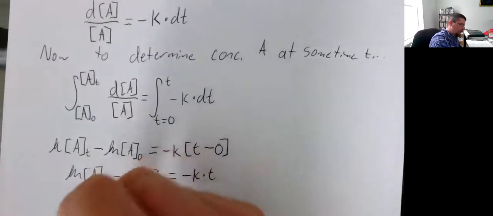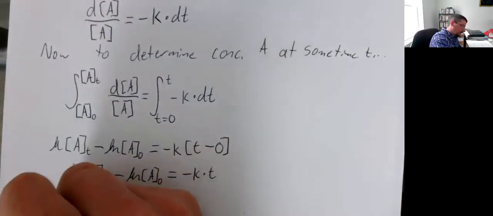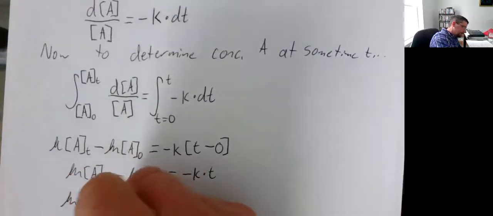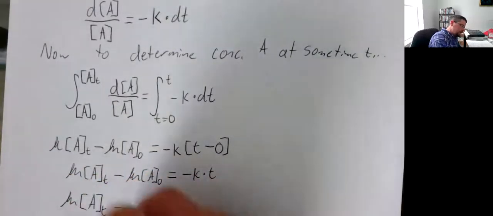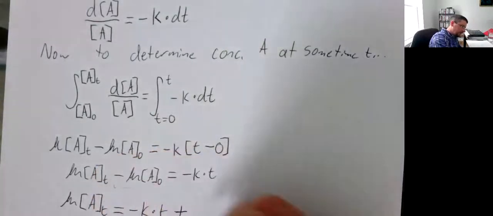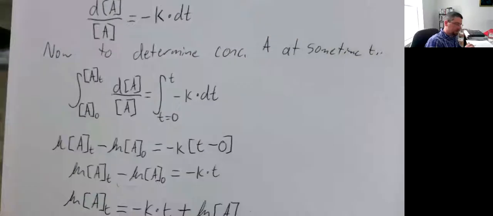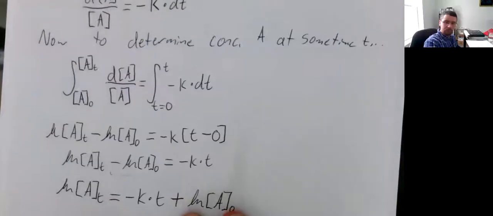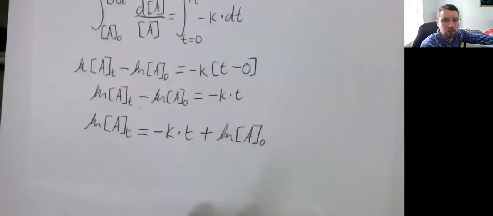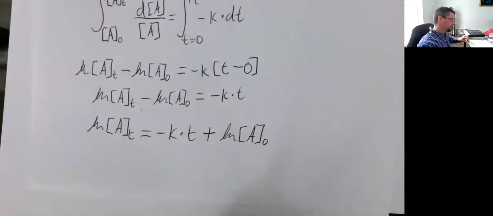So let's rearrange this to solve for ln of A t. It's equal to negative k times t plus, so we've moved this term over, ln of A naught.